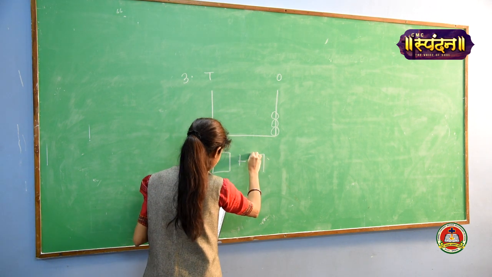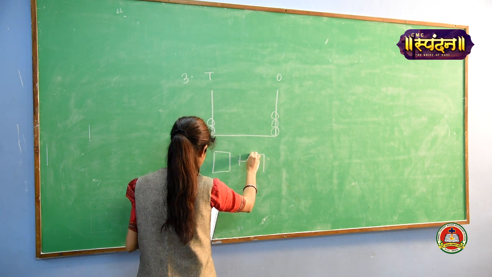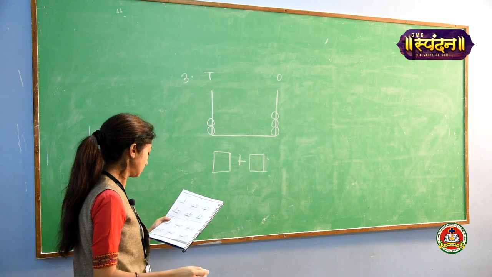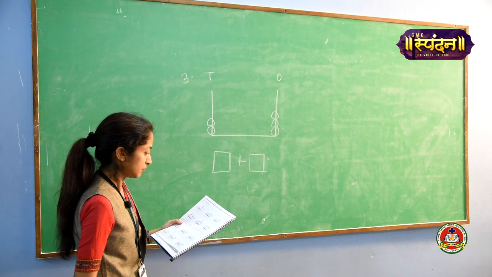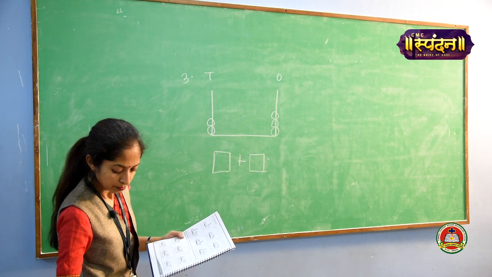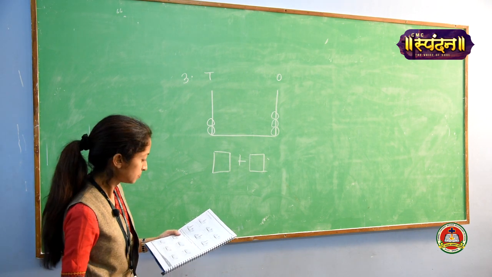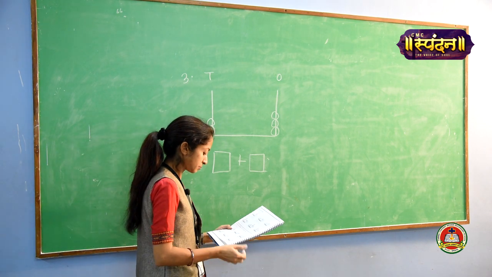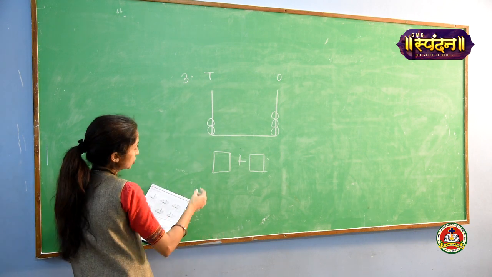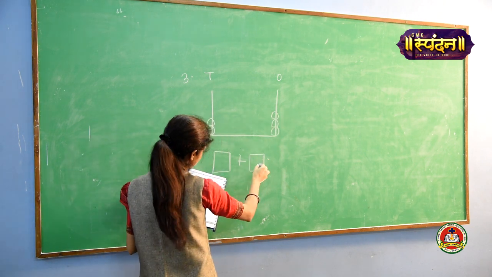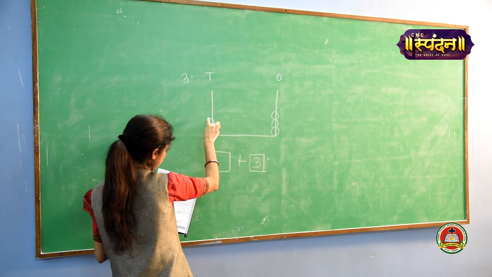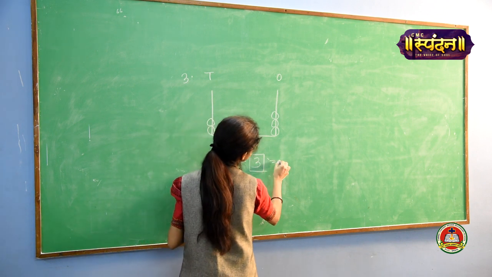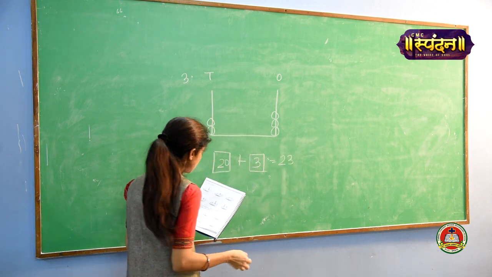Here we are going to do the addition. Now here how many beads are there? 1, 2, 3. So we are going to write 3 here, and here how many? Here it is 2, that is 20. So it will come to 23.